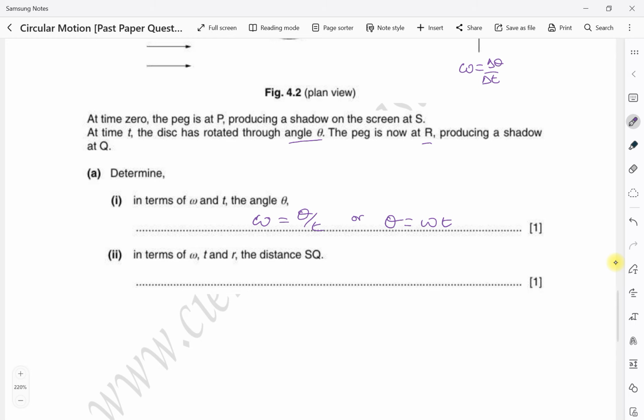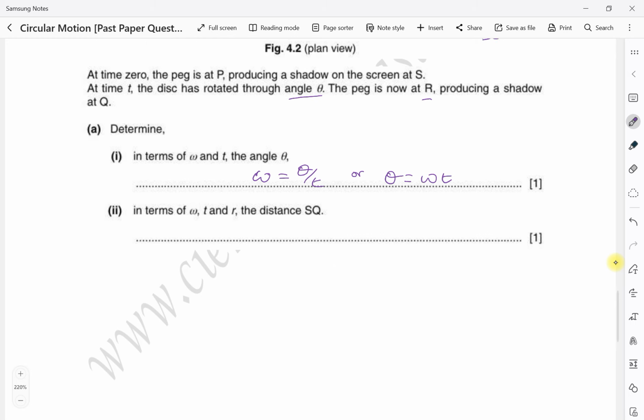Then determine in terms of omega, t and r the distance SQ. So I'm just going to draw a right angled triangle because there is a shadow on the screen, which shadow is QS. And of course, this angle here is going to remain theta.